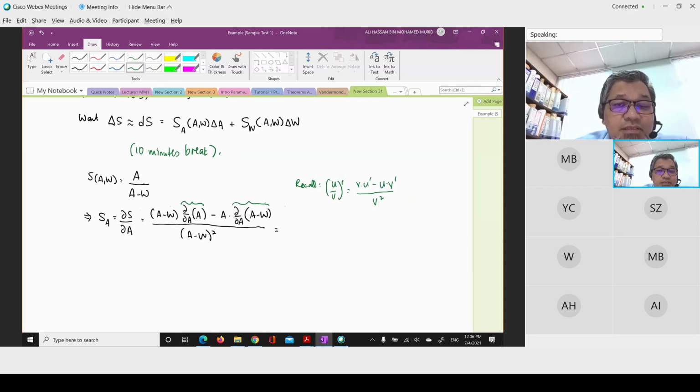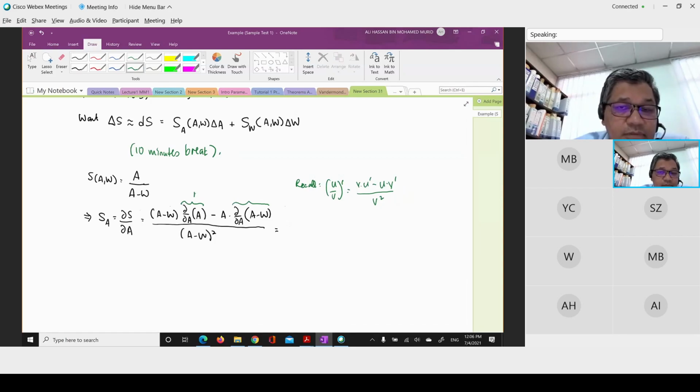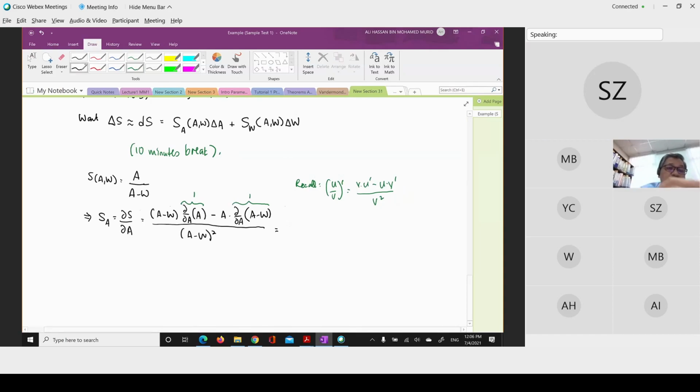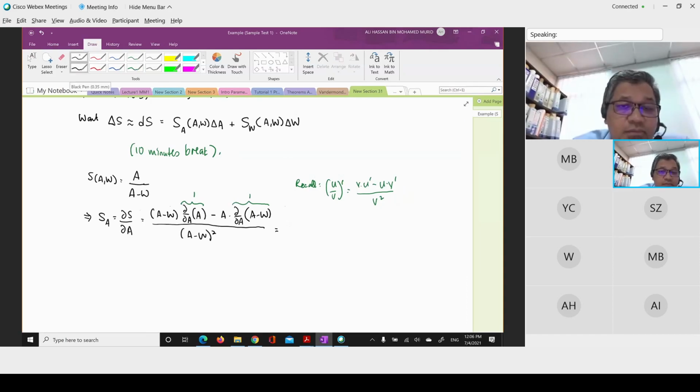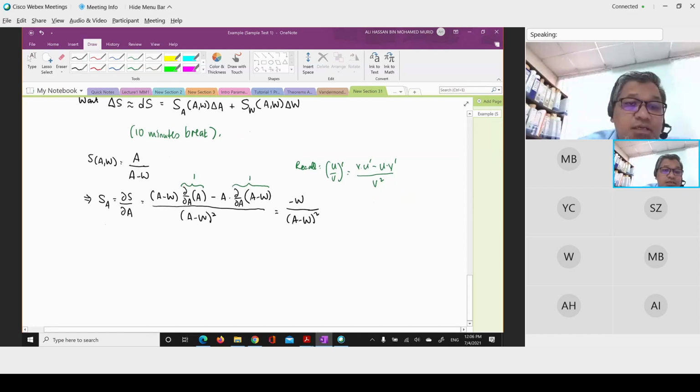What is a partial a? 1. 1, yes. What about a minus w partial a? 1 also. Yeah. So that means upstairs we have a minus w minus a, right? A minus w minus a is minus w upstairs, divided by a minus w squared. Good. So that's S partial A.